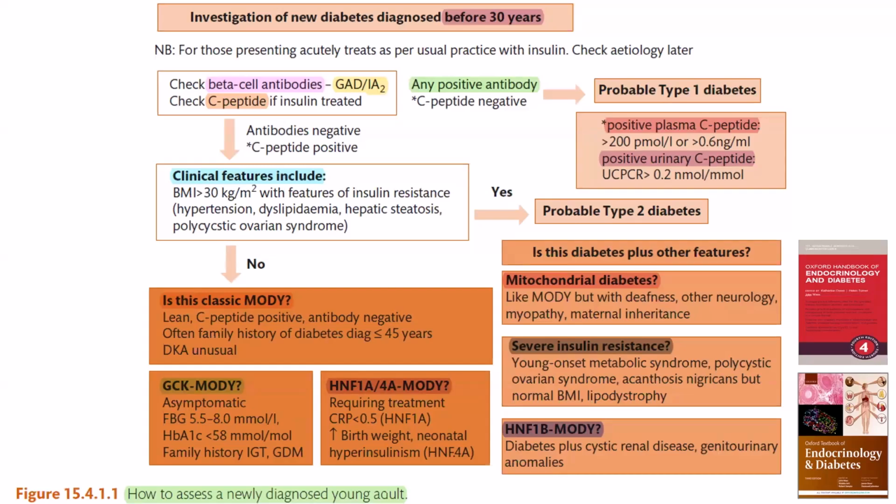But don't forget that if you are not sure whether it is type 1 or type 2, don't waste your time. Give insulin therapy and do another assessment. So if you have a debate about whether it is type 1 or type 2, and the patient presents with a catabolic state, please treat with insulin therapy. If you cannot conclude, please treat it as type 1 until doing more biochemical testing and so on.